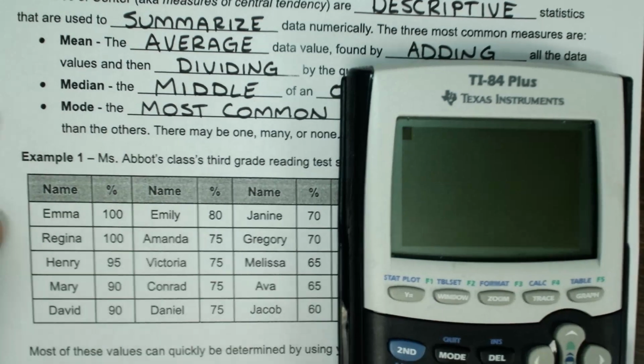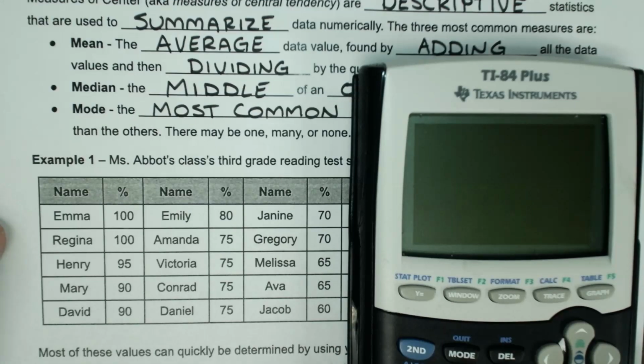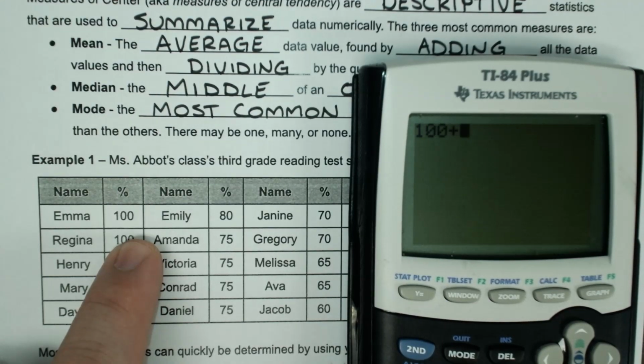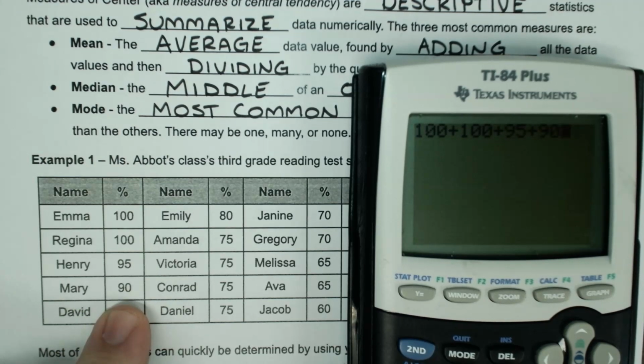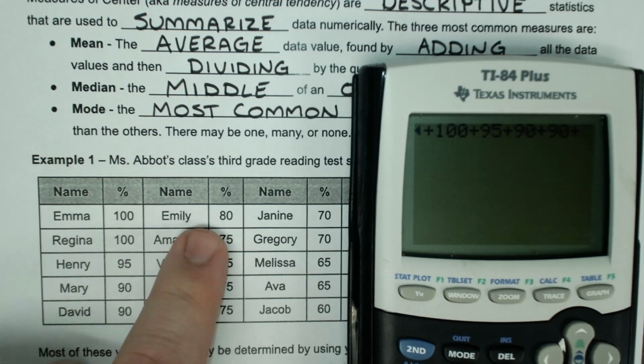Okay, and now we're going to add all of those test scores together. 100 plus 100 plus 95 plus 90 plus 90. Be careful that you don't make a typo, because one little typo is going to throw your numbers off.